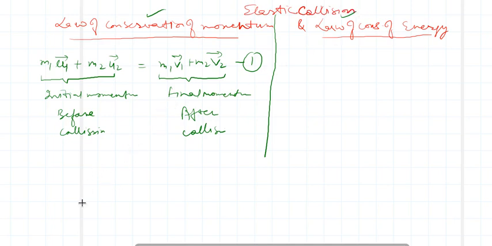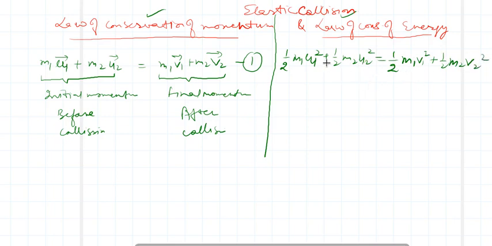Similarly, energy will remain conserved. So it is half m1 u1 square plus half m2 u2 square is equal to half m1 v1 square plus half m2 v2 square.